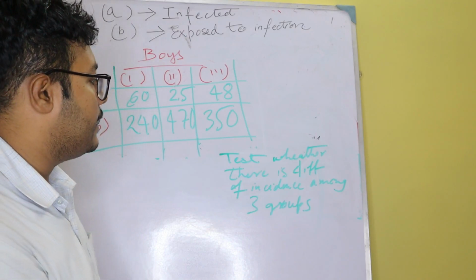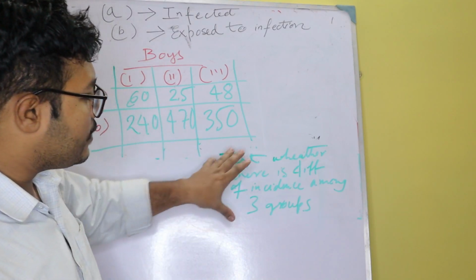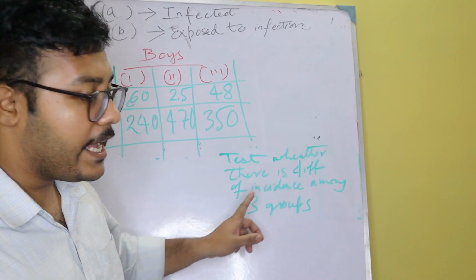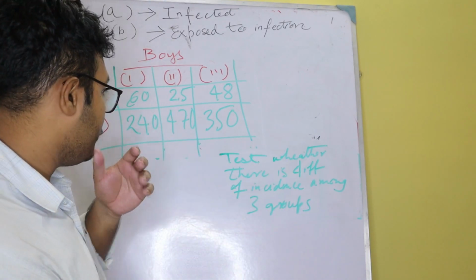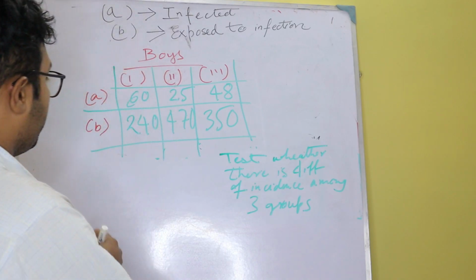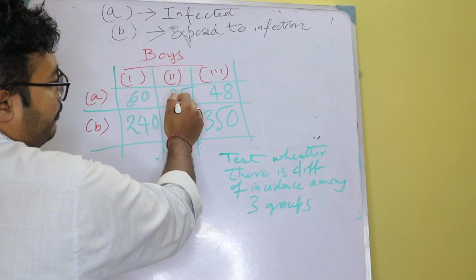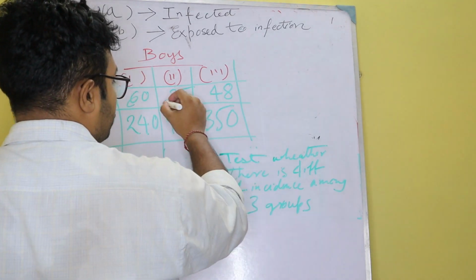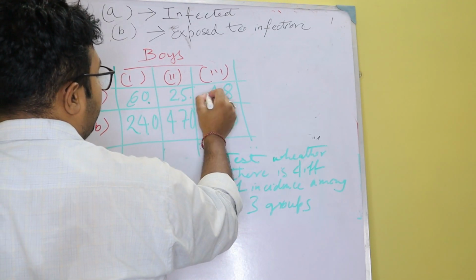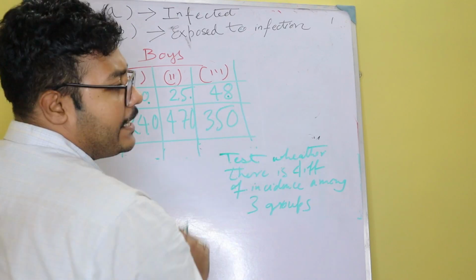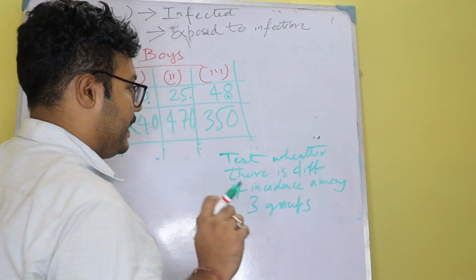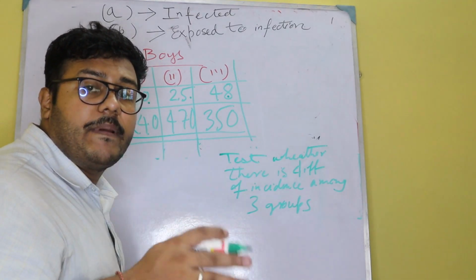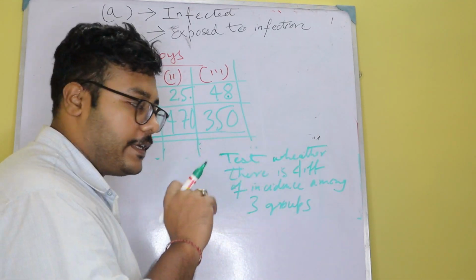Suppose we take this like that, and we are asked to test whether there is a difference in the incidence among the three groups. Now see, if we try to compare this with the 2 x k contingency table, we will see that 60, 25, 40, that is this row, gives the number of people who are infected, and this row gives the total number of people who are exposed to the infection.